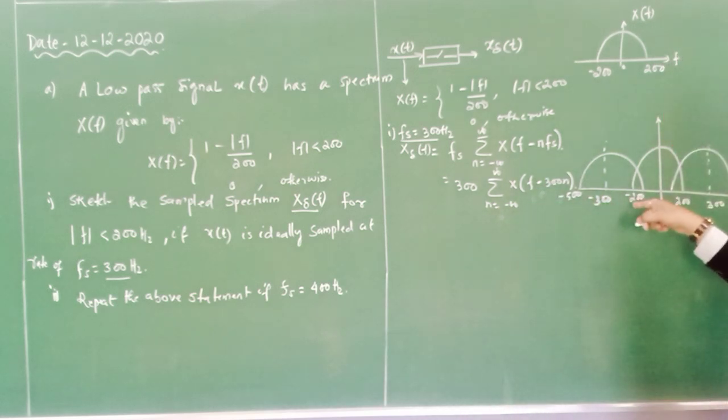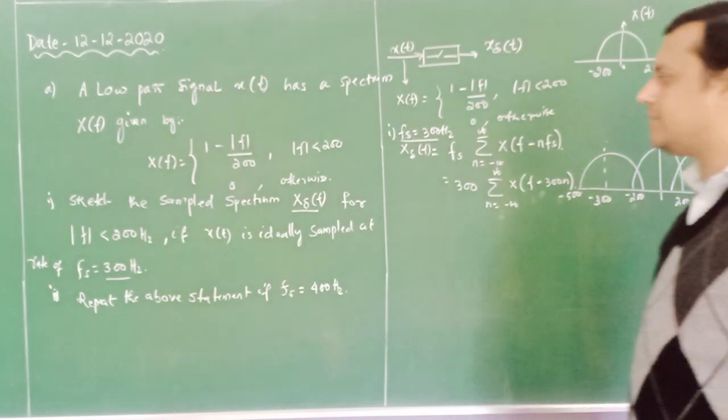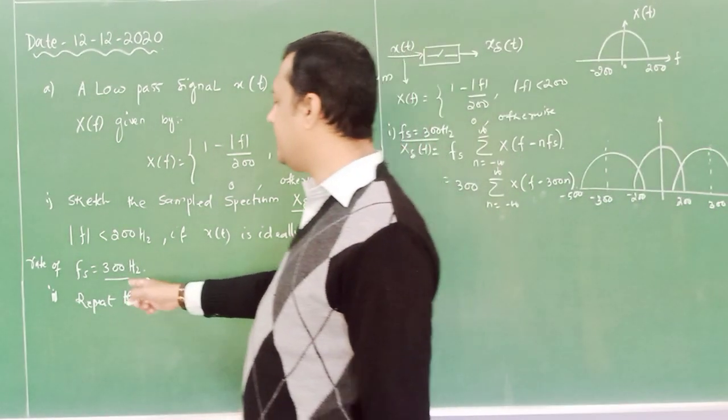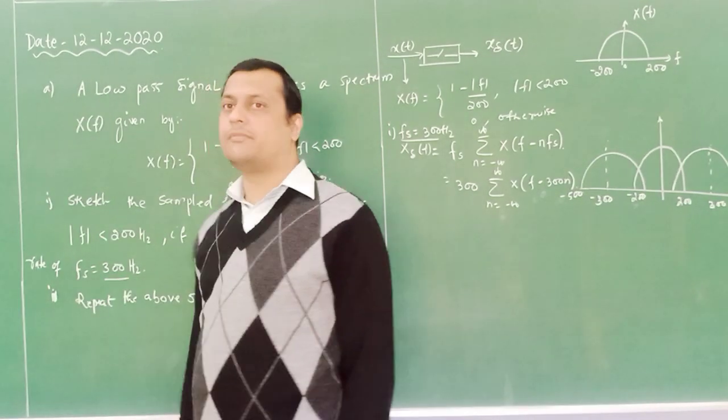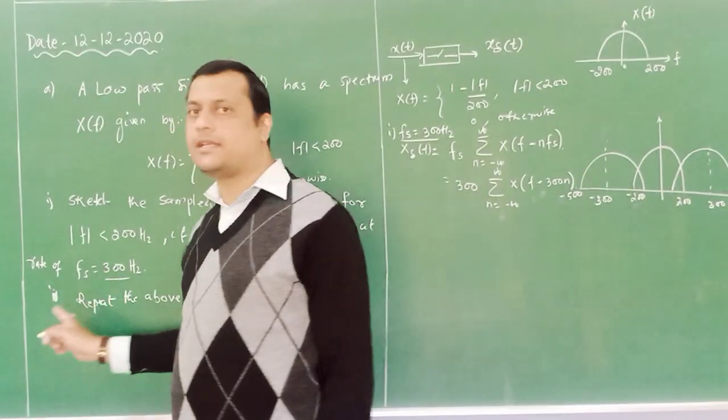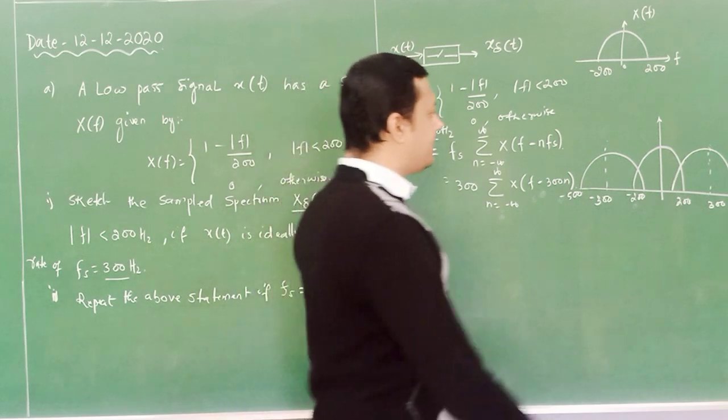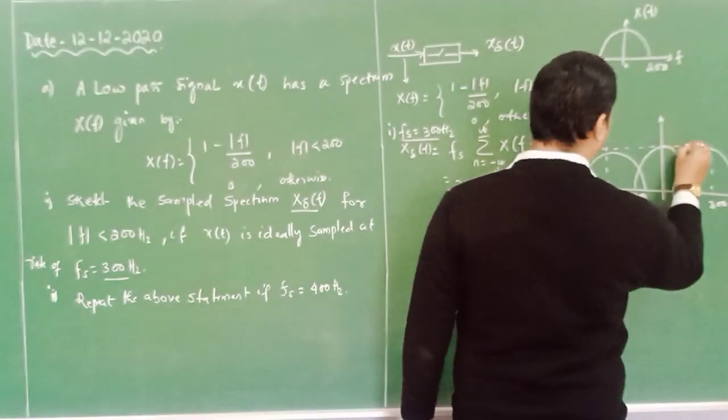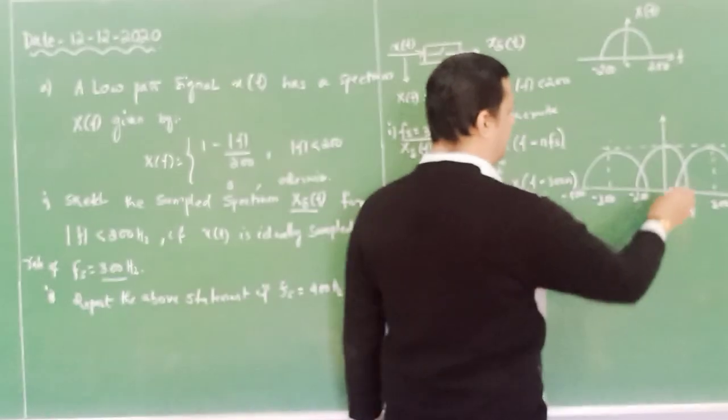So when you take minus 200 to 500, your band limit must be 300. How? Because here the sampling frequency is given as 300 Hz. So this is the particular spectrum.